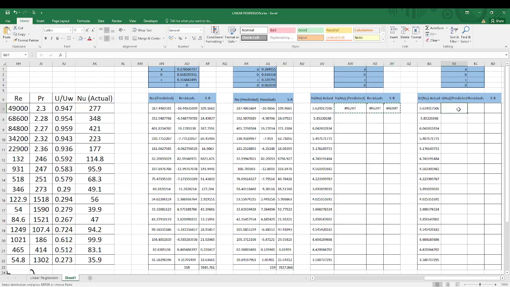Then additional, which should be the Reynolds, the frontal, and additional.